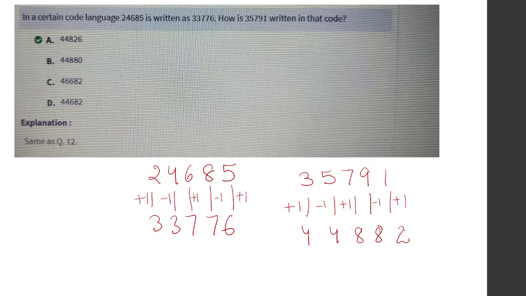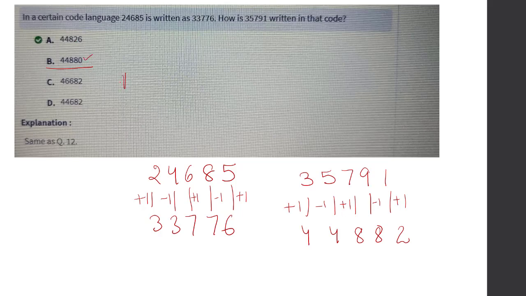Now here, in fact, if you look at the options, I don't know from where this question was taken, none of the options seems to be correct. Because at the last place we have to add plus 1, and when we add plus 1 to 1 we reach 2. This was close, but the last digit is mentioned as 0.